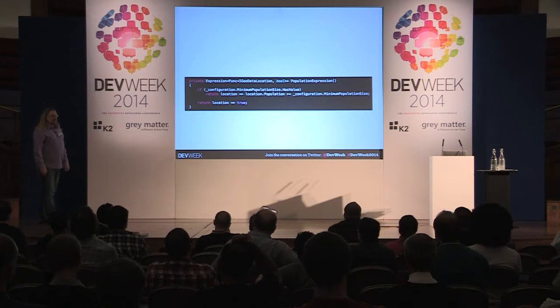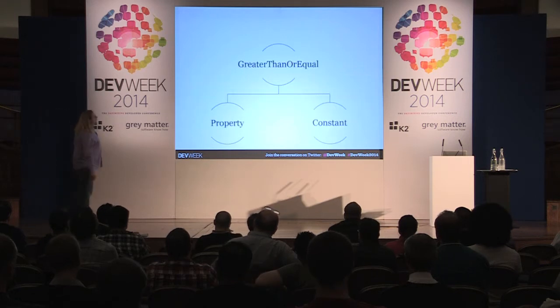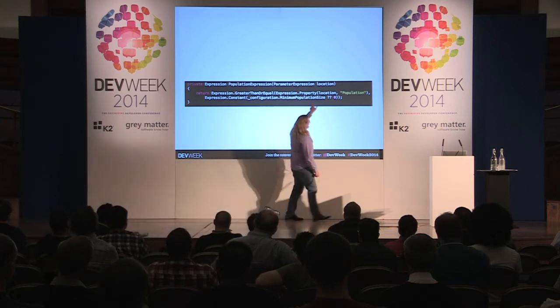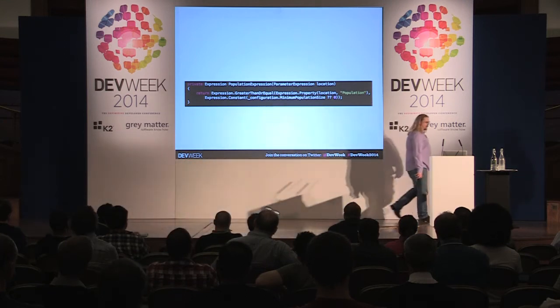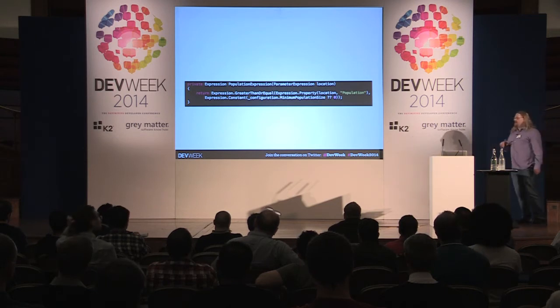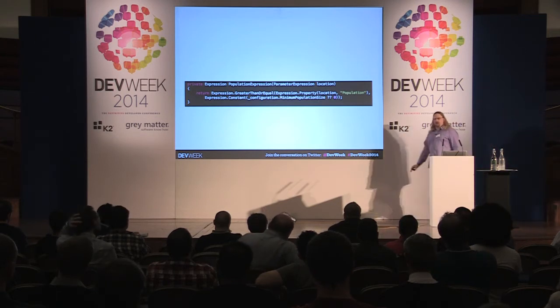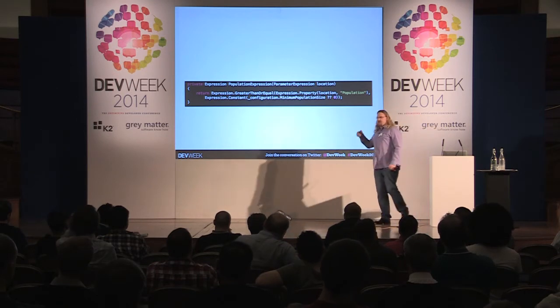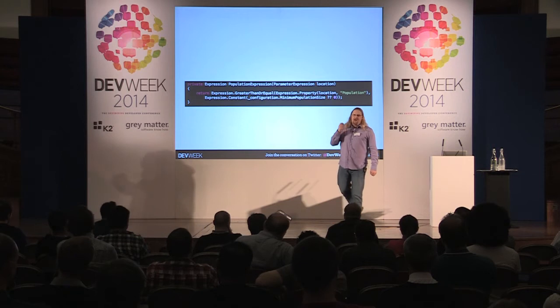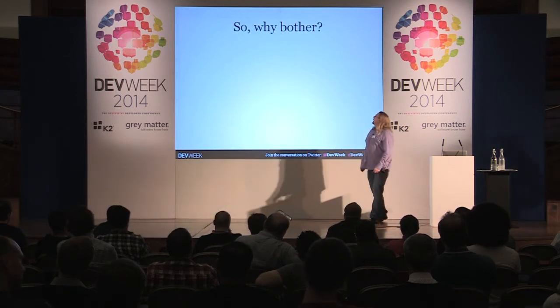Okay? But once that's been evaluated, that's now a constant, and what will be emitted will have no reference to the configuration. So I've generated an expression, I've generated code from a configuration, but once that's done, it's no longer there.